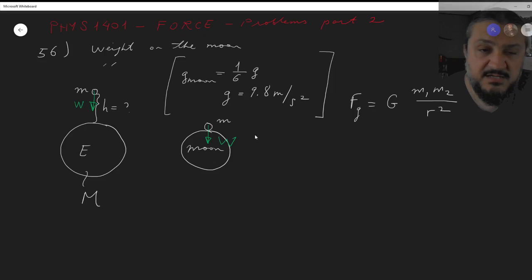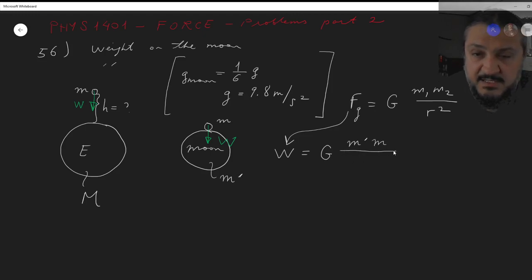So for the Moon case, W, which is the gravitational force, right? Weight is the gravitational force, just becomes this gravitational constant times the Moon's mass. Let's call it M prime, the Moon's mass, times this m, our object's mass, divided by r squared. Now that r is approximately equal to the radius of the Moon. So we square it and write it there.